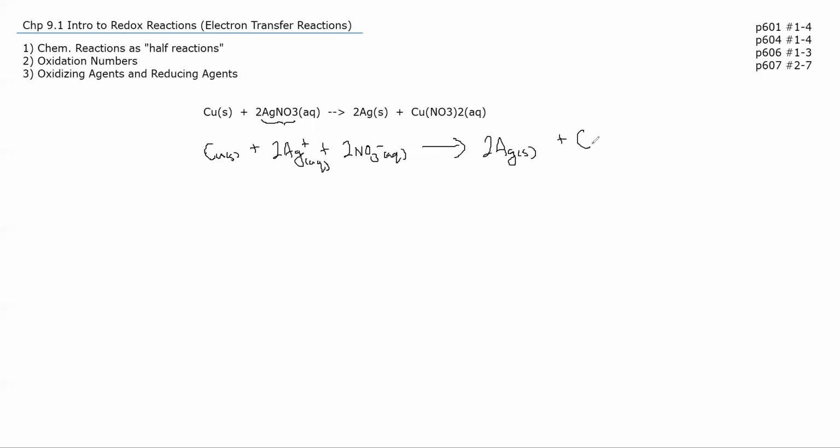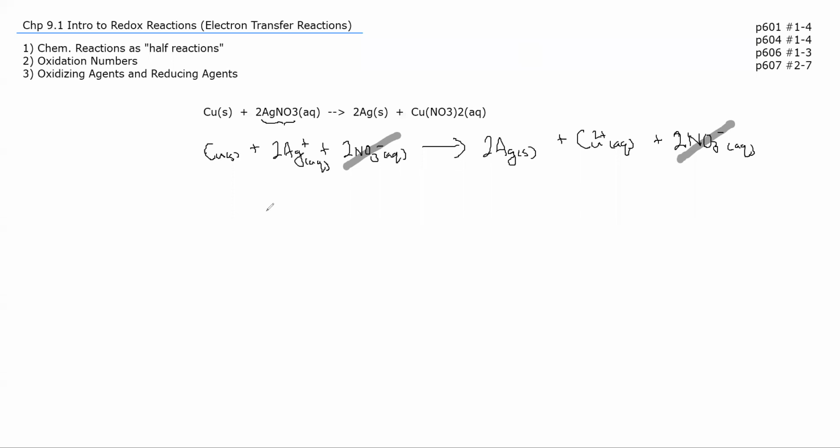We have 1 copper ion, 2 plus, so it would be cupric, okay? And 2 nitrate ions. Of the products and the reactants, the 2 nitrate ions don't change, and so they are crossed out.